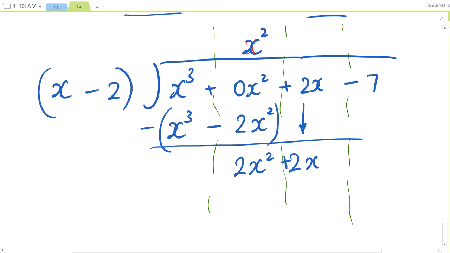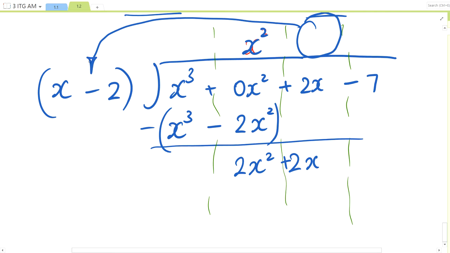What should I do next? I need to find something over here that when multiplied to this will give me 2x squared, because now I want to get rid of this 2x squared. So what over here multiplied by x gives me 2x squared? 2x. All agree? Plus 2x.